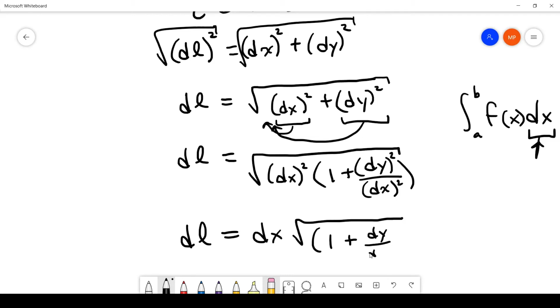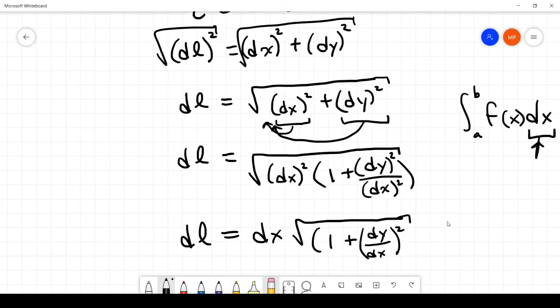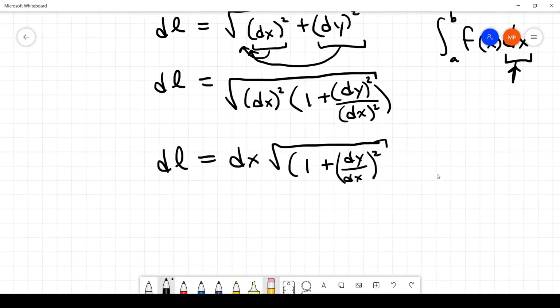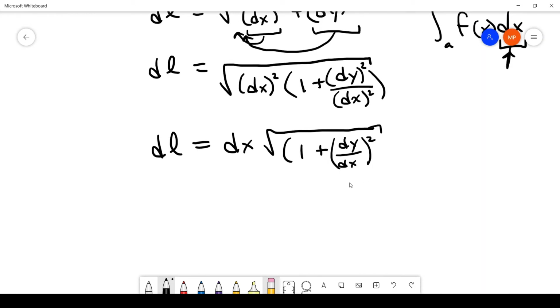And now by doing that, this actually helps us again with another simplification, in which we could say, hold up, wait a minute. dy over dx right here is just equal to f prime of x, right?